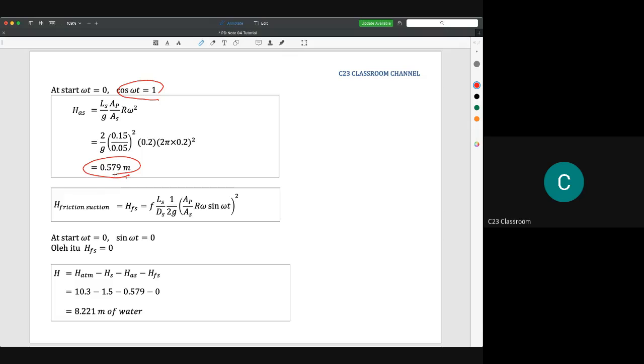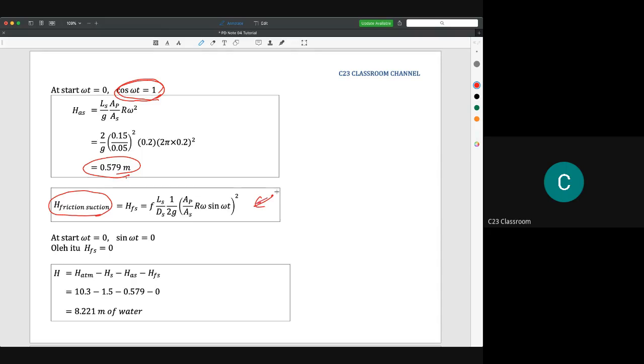For the friction at the suction, because we don't have any air vessel anymore, we need to use a special equation for calculating the friction in a piston pump. This is the equation, and we cannot use the average equation, because it is very specific to the point where omega t is equal to 0.